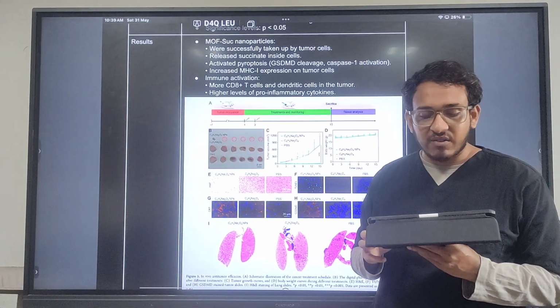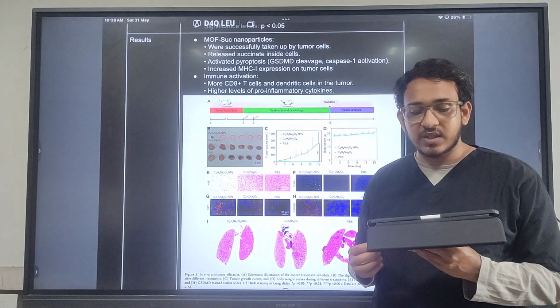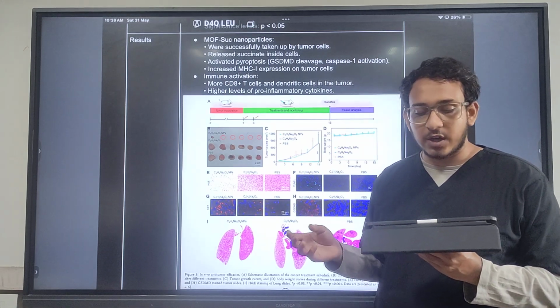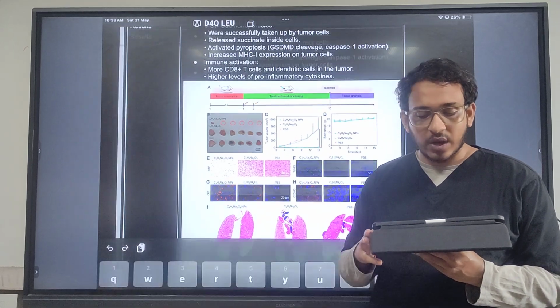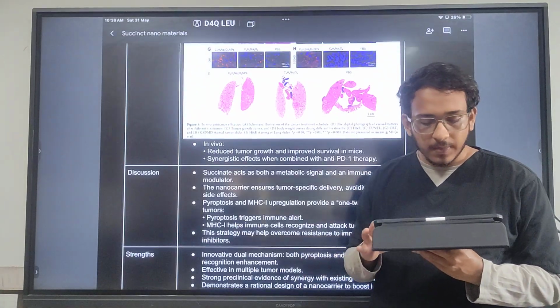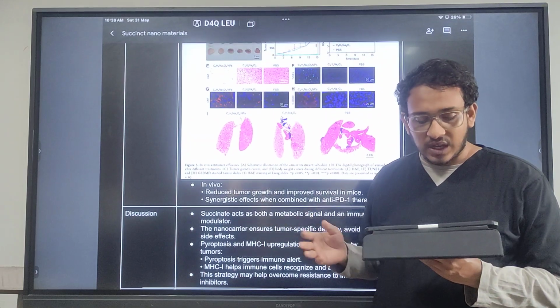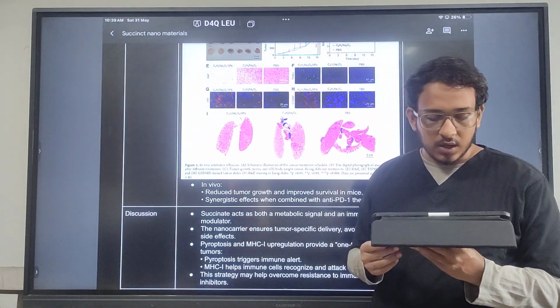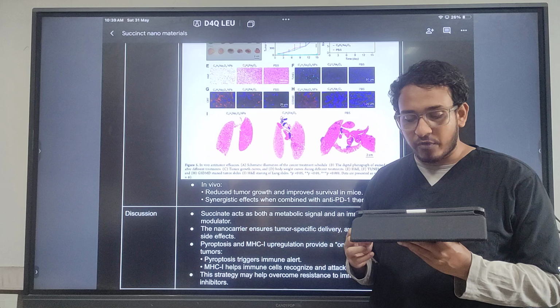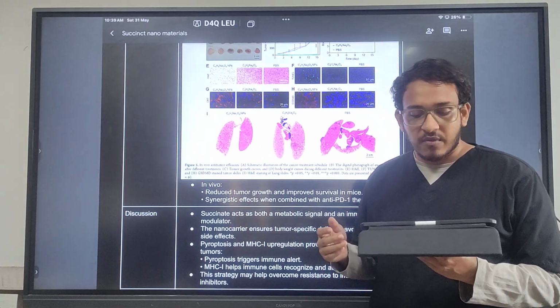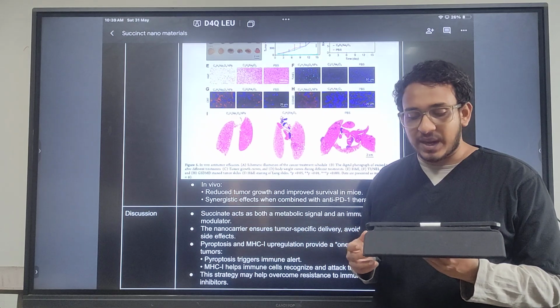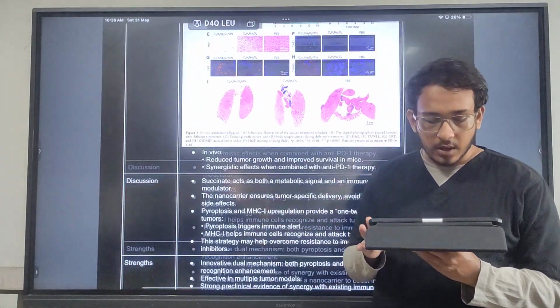For immune activation, more CD8 plus T cells and dendritic cells in the tumors were seen. Also, higher levels of pro-inflammatory cytokines were seen. In the in vivo study, reduced tumor growth and improved survival rate in mice were seen. Also, synergistic effects when combined with anti-PD1 therapy were noted.